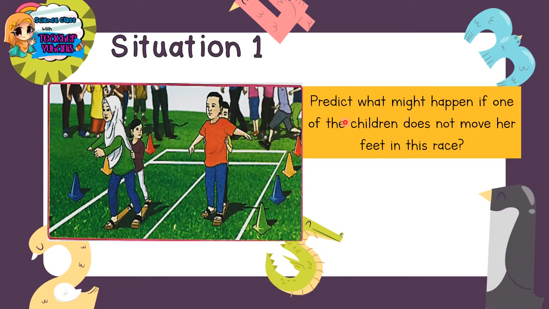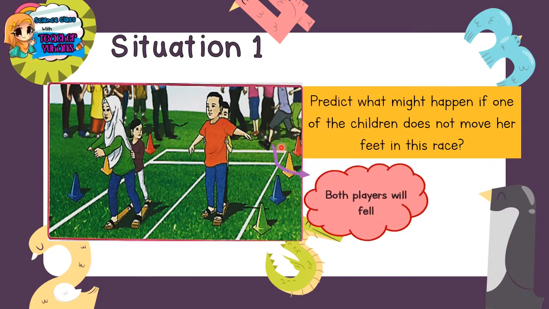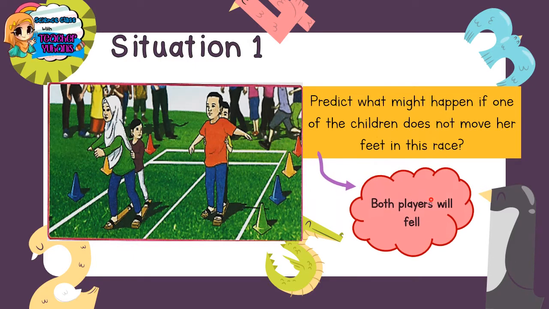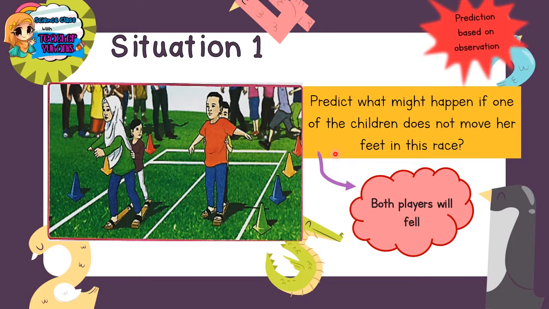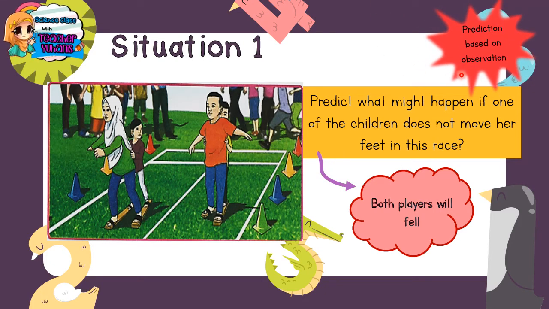Can you guess? Yes, both players will fail if one of the children does not move her feet. This is prediction based on observation.